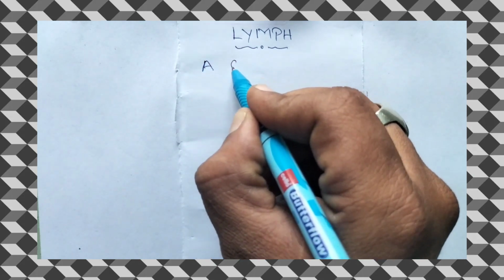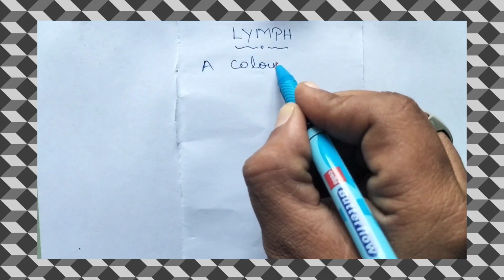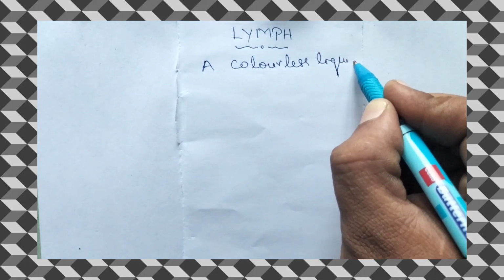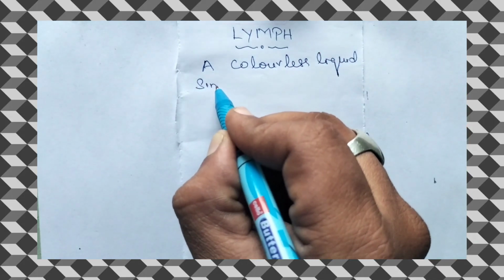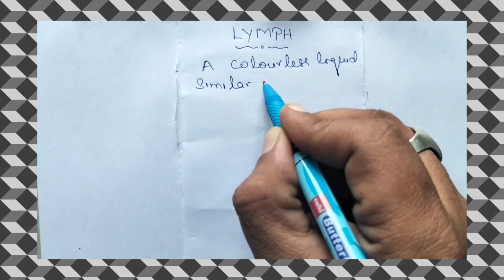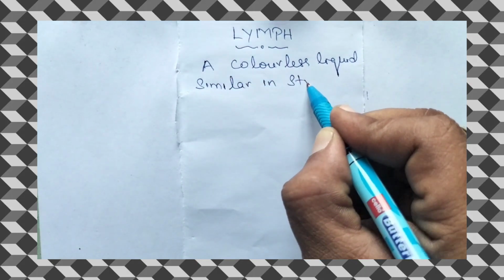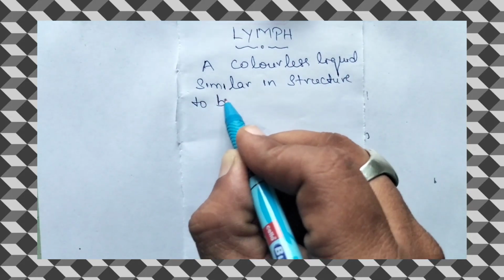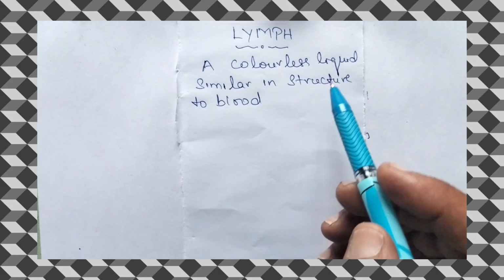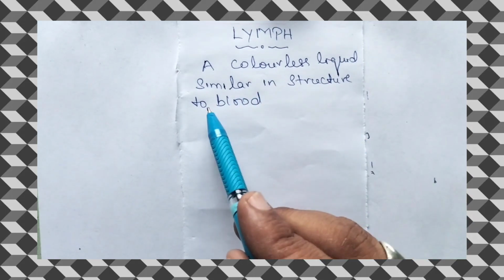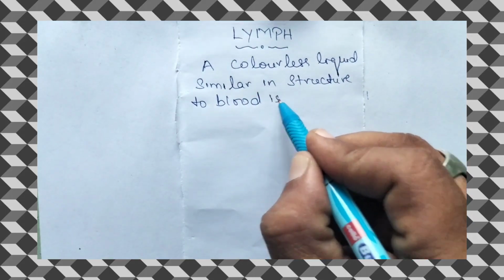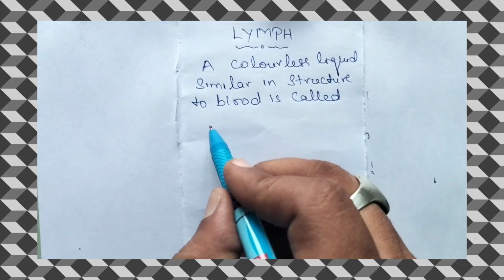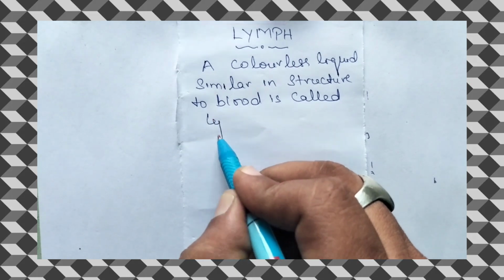A lymph is a colorless liquid similar in structure to blood. A colorless liquid similar in structure to blood is called lymph.